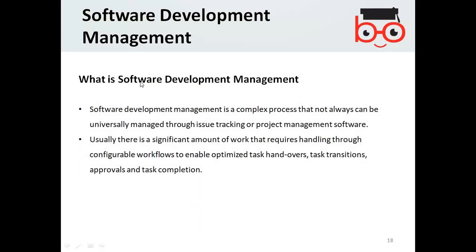And now we talk about software development management. Software development management is a complex process that not always can be universally managed through issue tracking or project management software. Very important point.